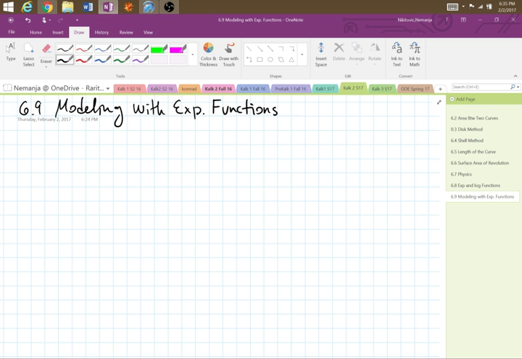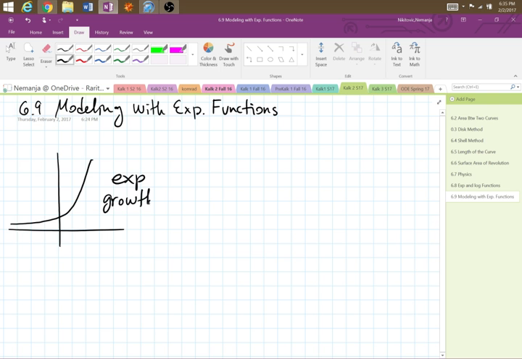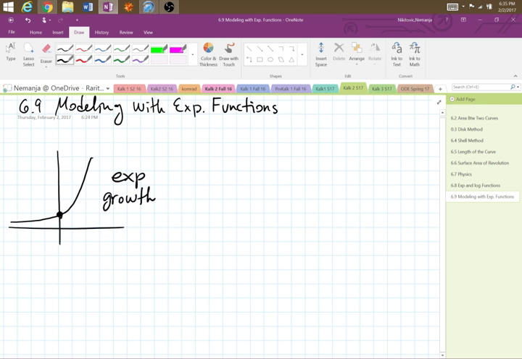Before we take a look at a few examples, I like to start with those basic graphs. Here we have an exponential function looking like this, which is exponential growth. This is where the k is positive.